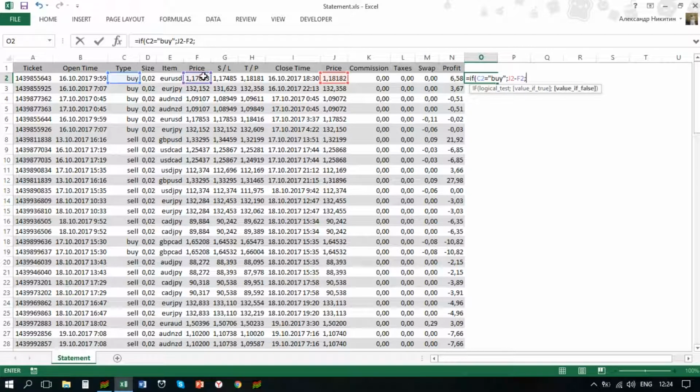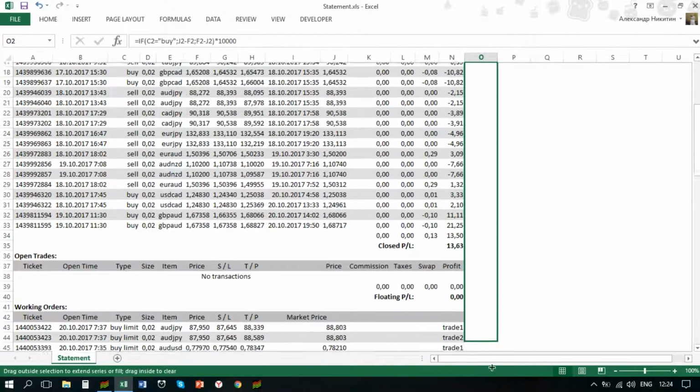If it's not buy, else open price minus close price. Perfect. And this way I will have the amount of pips, but it will give me a double value, decimal value. I want the value to be integer. That's why I am going to multiply by 10,000 because of 5 digits of my broker. I have 32.9 pips. Perfect.